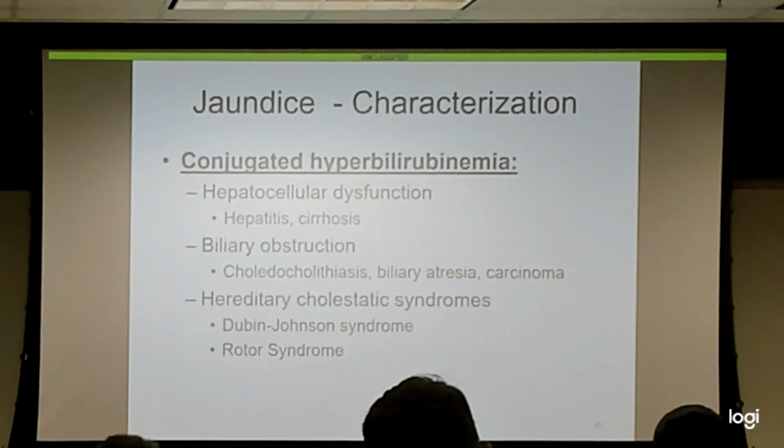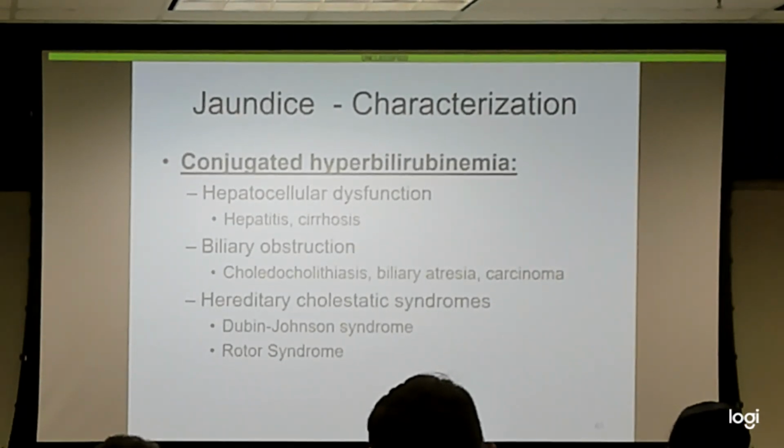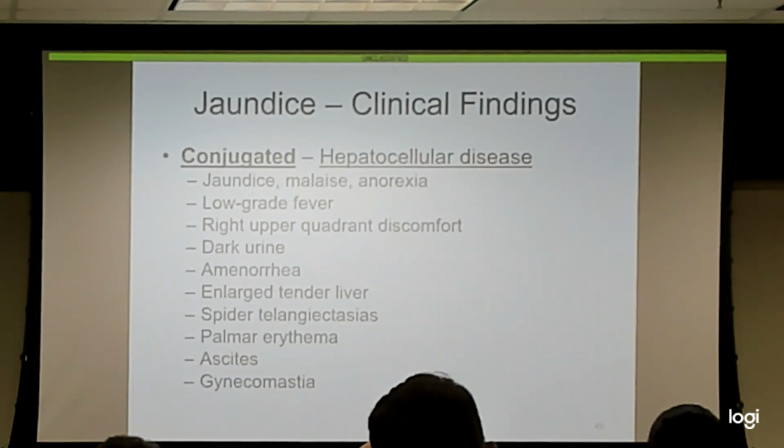And then conjugated hyperbilirubinemia, hepatocellular dysfunction, hepatitis, cirrhosis, they're still making that conjugated bilirubin. Biliary obstruction, so it's further down the stream. So you've got choledocholithiasis, biliary atresia, carcinoma, we'll talk about those. And then hereditary cholestatic syndromes, Dubin-Johnson syndrome and Rotor syndrome. We'll talk about that a little bit more later.